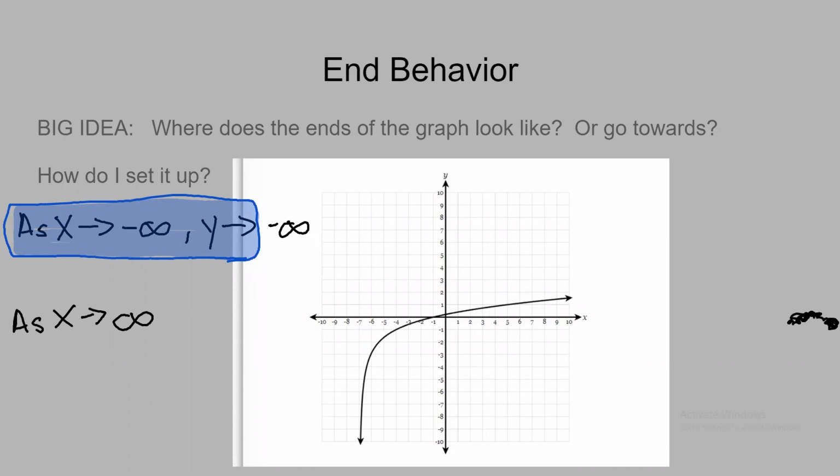To positive infinity, right? Because this graph will go on and go up forever and ever. So eventually y would approach positive infinity. Does that make sense? Questions on that?